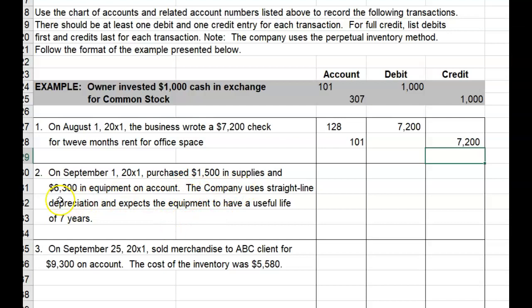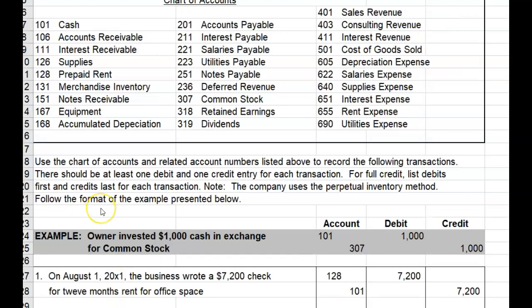So this is information you're going to need later, but you do not need this information right now. In this business transaction, we acquired supplies, which is account 126. We also acquired equipment, which is account 167, and we did not pay for it using cash yet.